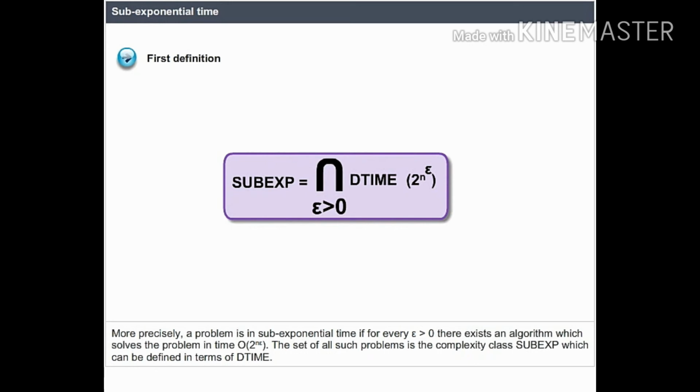More precisely, a problem is in sub-exponential time if for every epsilon greater than 0, there exists an algorithm which solves the problem in time O(2^(n^epsilon)). The set of all such problems is the complexity class SUBEXP, which can be defined in terms of DTIME.